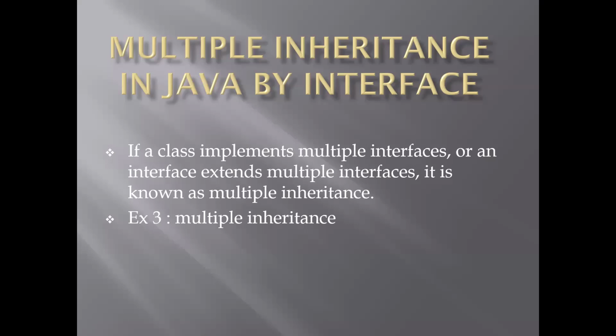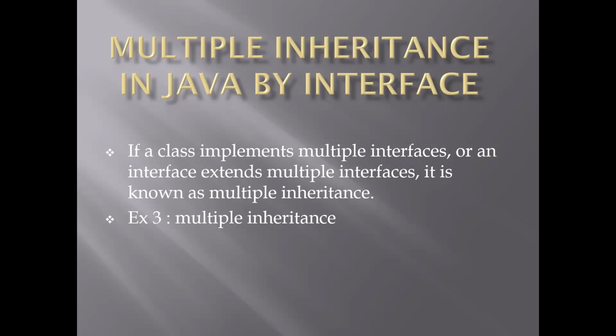Like we said, we can have single inheritance where only class A extends class B, and we also had hierarchical inheritance where class A is a parent, and we can have class B, class C, class D, all of them children of the same parent class.